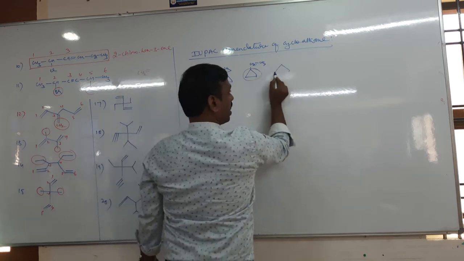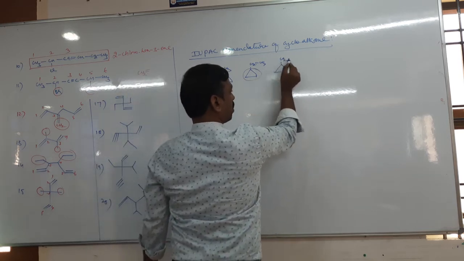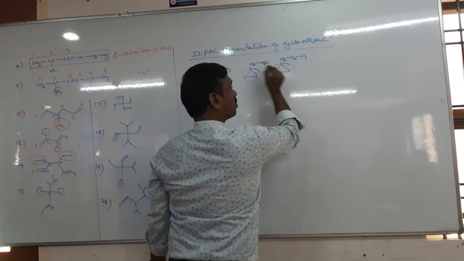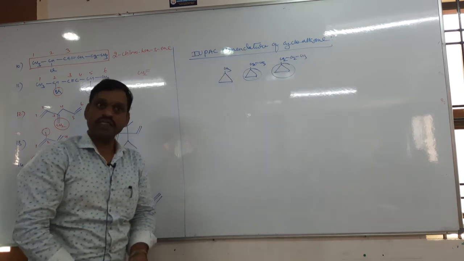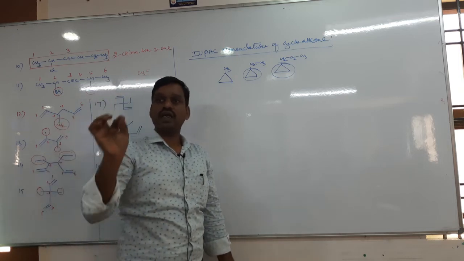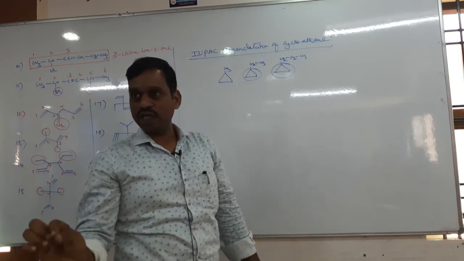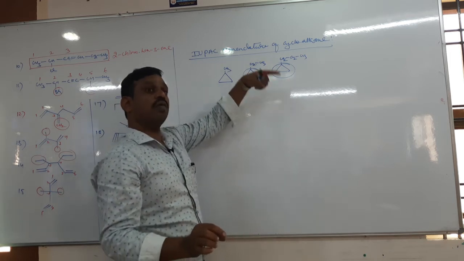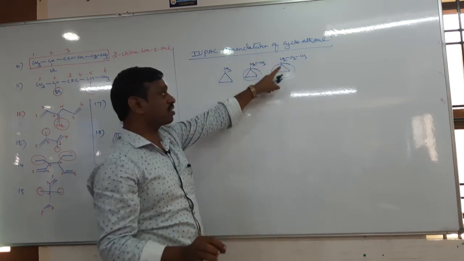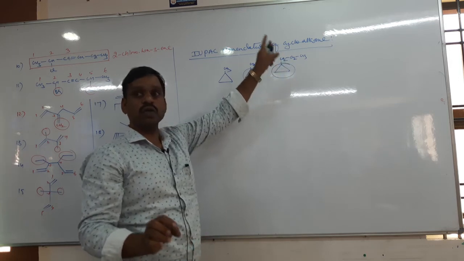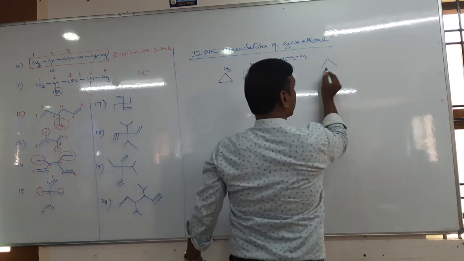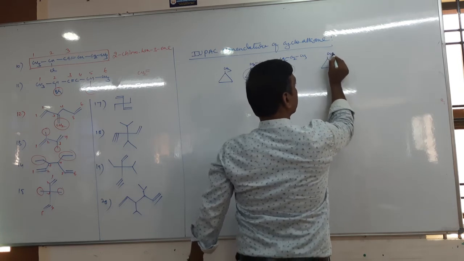If the cyclic ring has 3 carbons and the side chain has 3 carbons, then also it is taken as what? Cyclic ring. It means the first rule is that the cyclic ring can be taken as the parent chain if the side chain has less or equal carbon atoms compared to the cyclic ring. Suppose now the cyclic ring has 3 carbon atoms and the side chain has 4 carbon atoms.